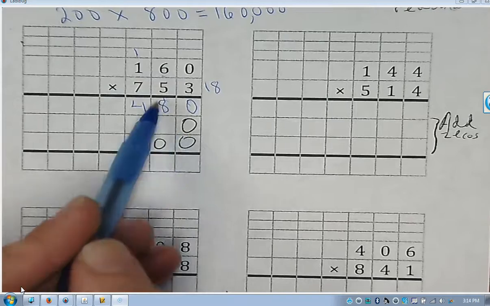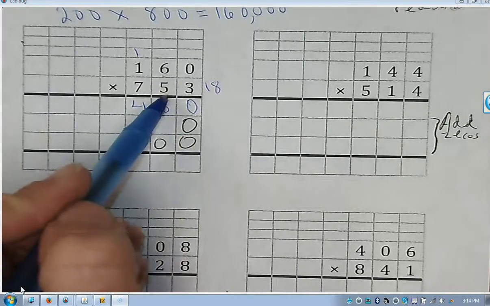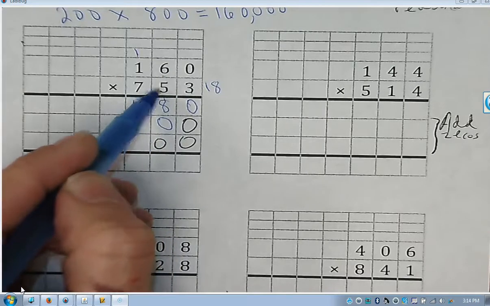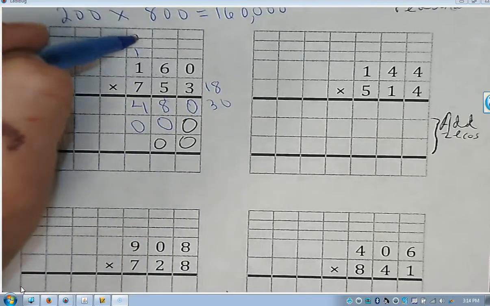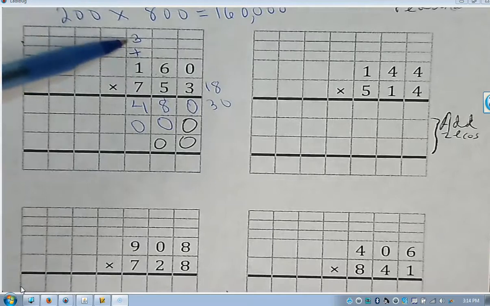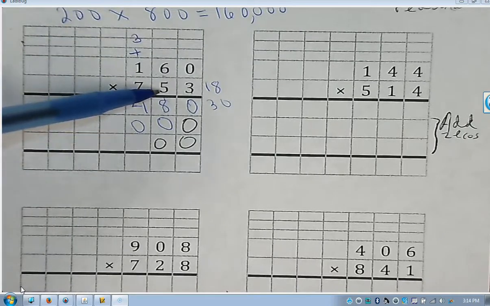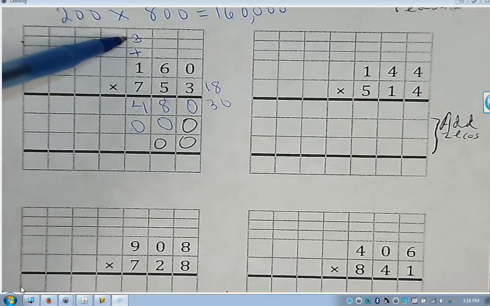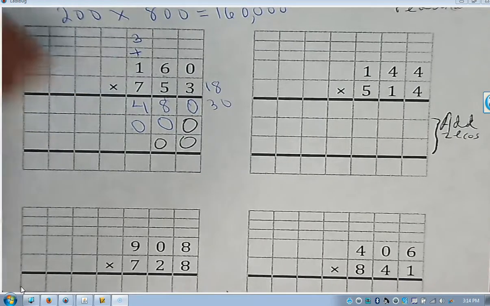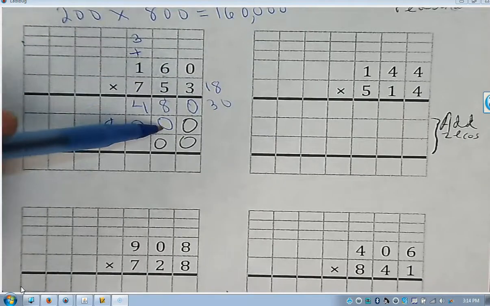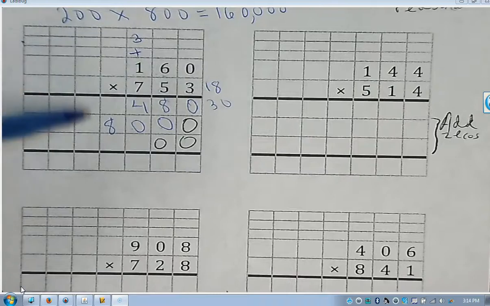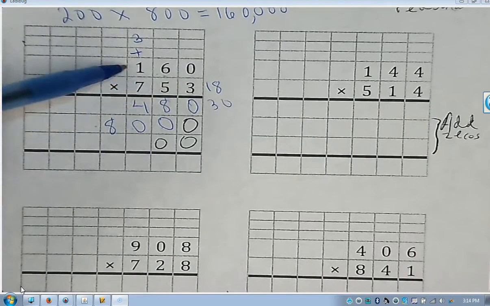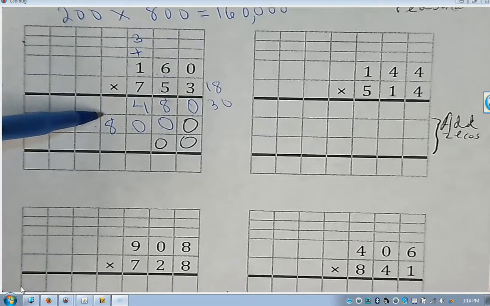I already added in the extra 0 since it's a 5 tens. 5 times 6 would be 30. 5 times 1 plus 3. 5 times 0 is 0. 5 times 6 is 30. 5 times 100 plus 3, or 50 times 100, sorry, it'd be 8,000.